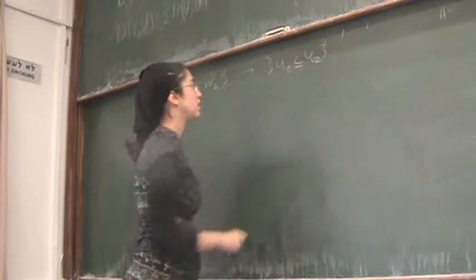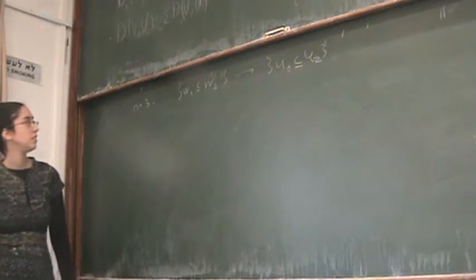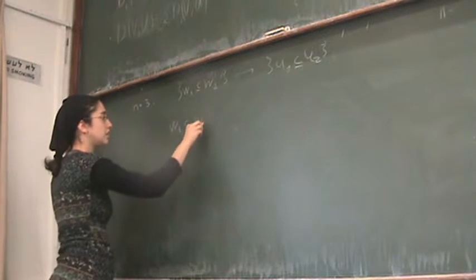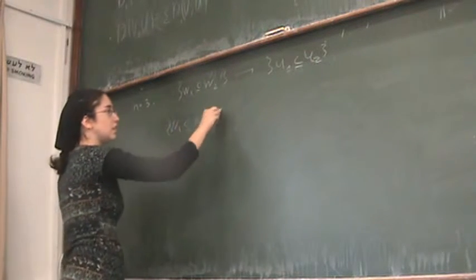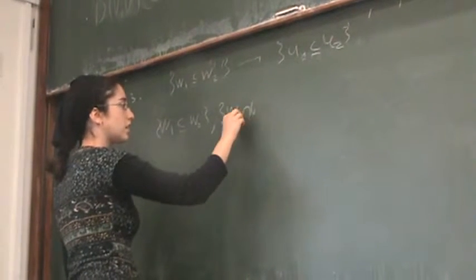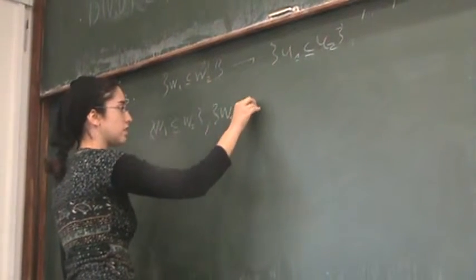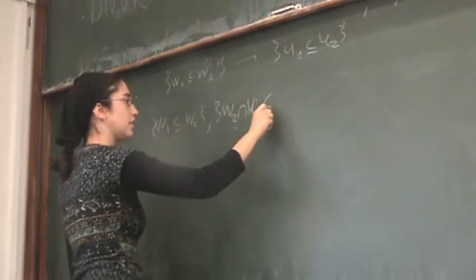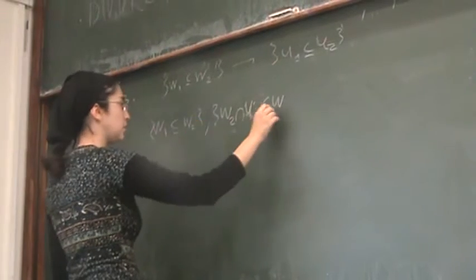So the gallery we construct is, we start from here, then go to W2 intersection U2 inside W2.